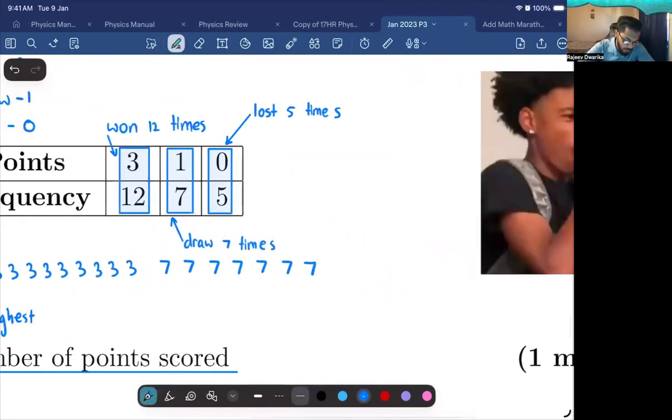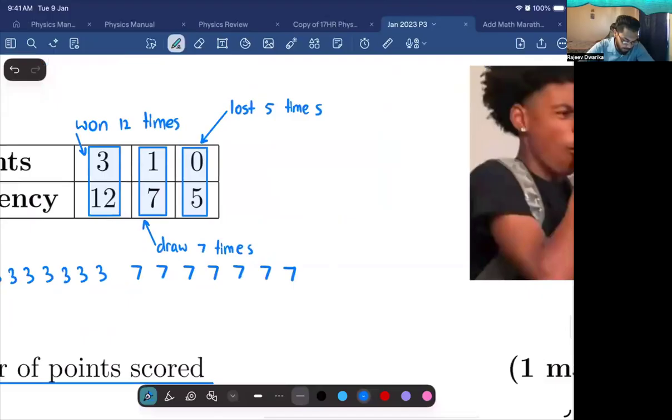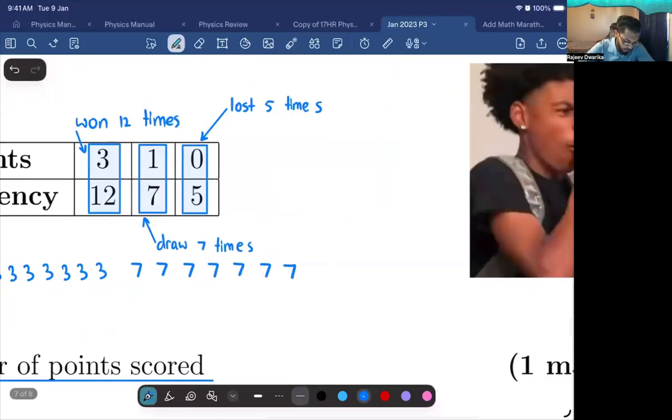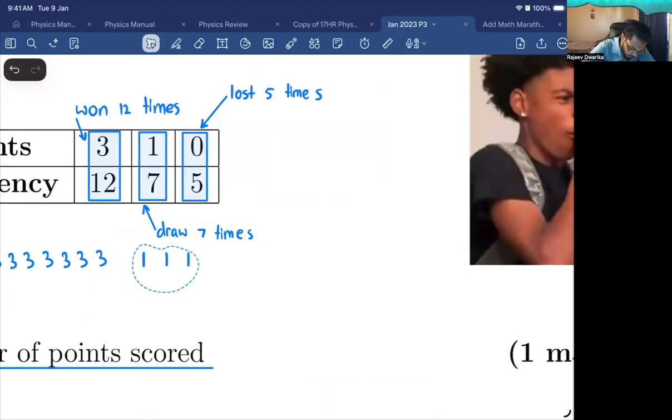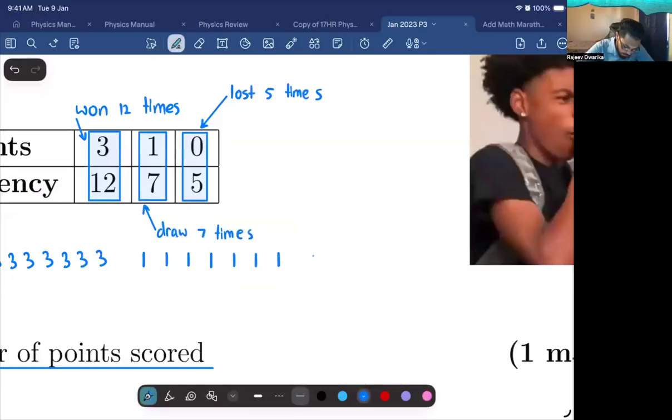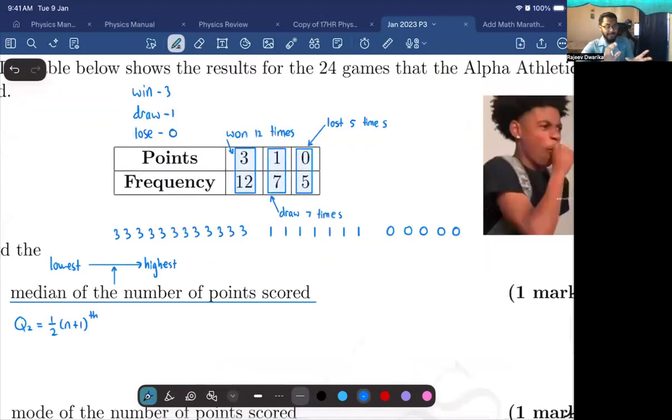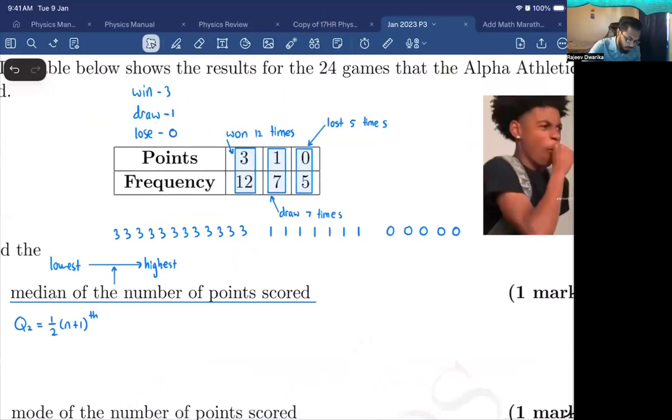And how many times did it lose? 5. Right, and that would be 0. Now, if I were to sort this data in ascending order, tell me if you'd be confused.